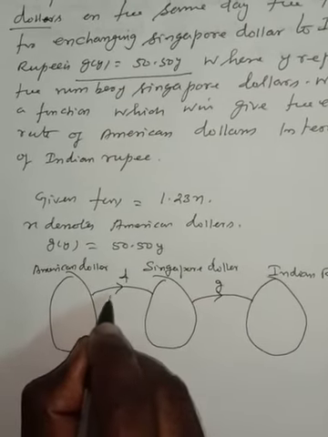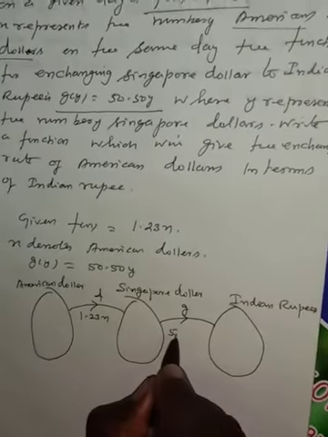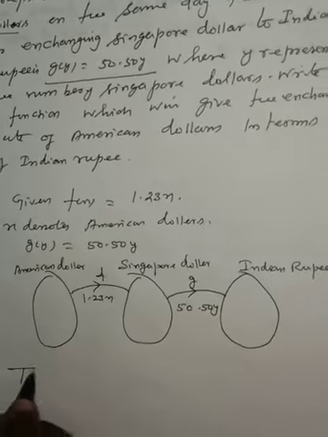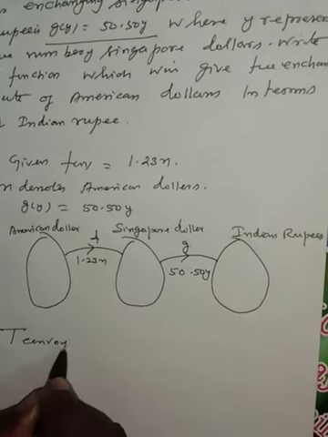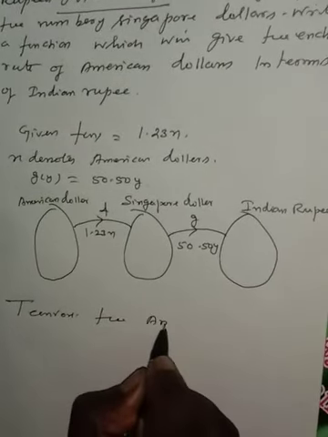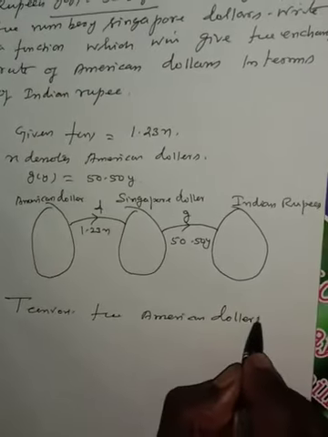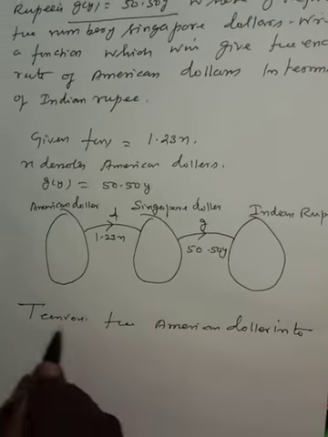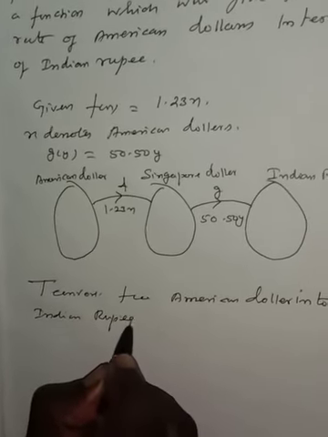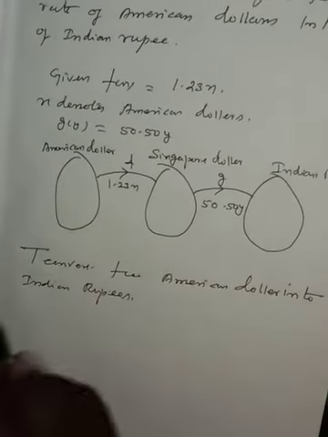This is 1.23x. This is 50.50y. To convert the American dollar into Indian rupees, we need g of f of x.